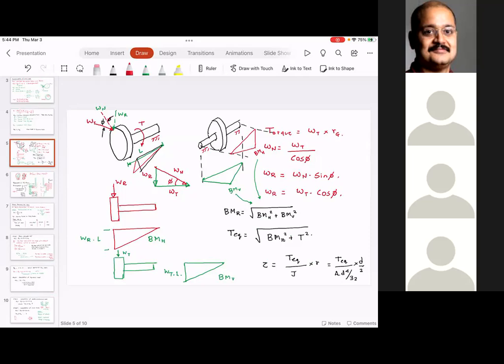But for the problem that you have in hand, if it's calling for 2 stages, I would just split those 2 stages. I don't know what the overall reduction ratio is. Do you remember? 9. So I would do 3 times 3. That is the best way to do it. Or I would do 4.5 times 2.